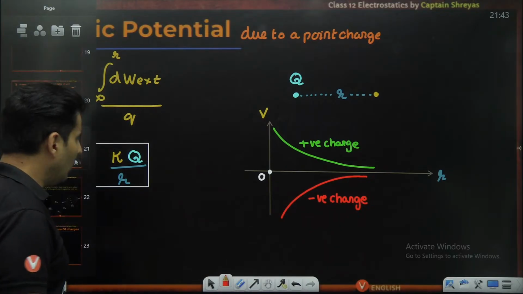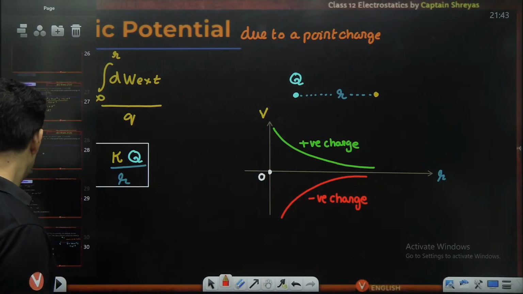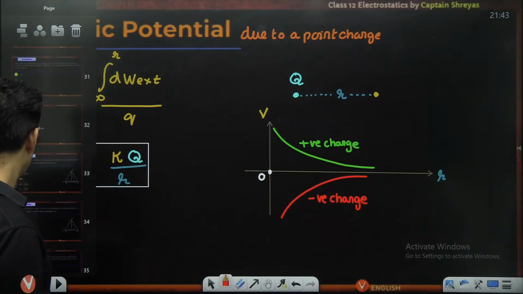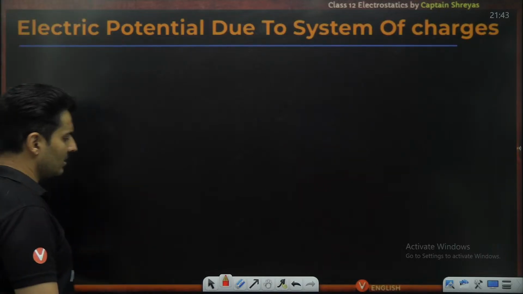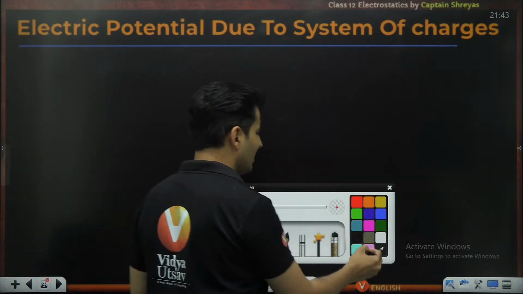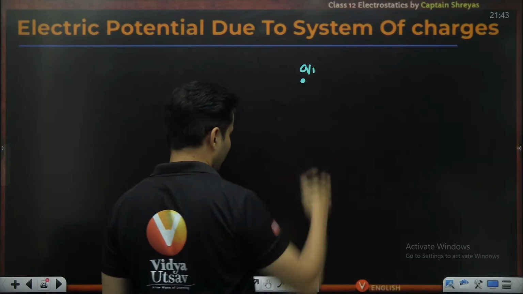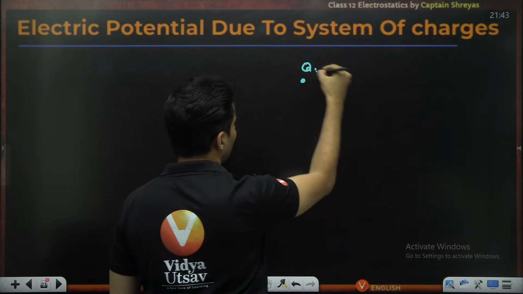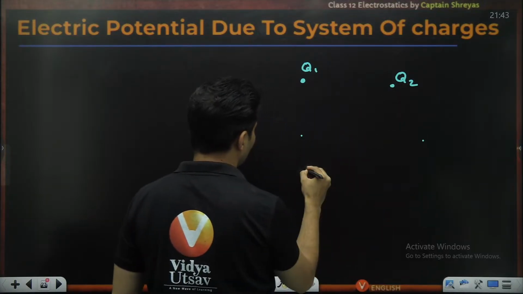Now, sir, this is the potential due to a point charge. Do I have a question on that alone? Maybe no. So what if, sir, there are multiple charges? Then what to do, sir? It is just like before, guys. Imagine there is a charge 1, charge 2, charge 3, charge 4, like that.